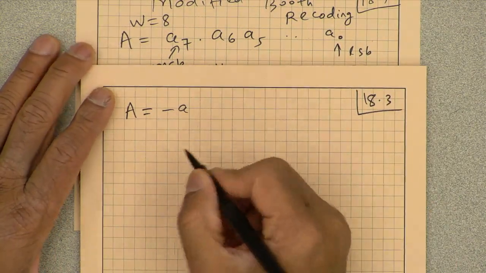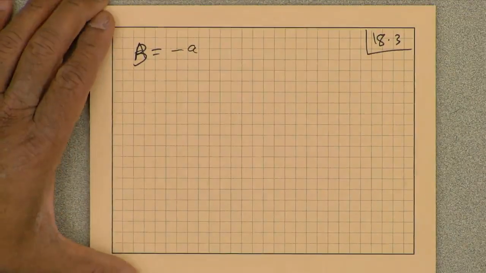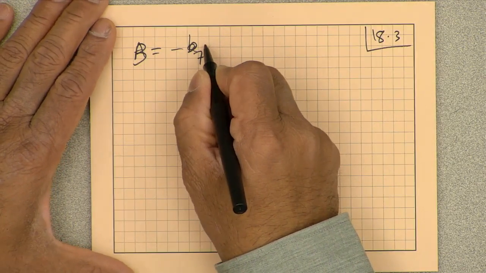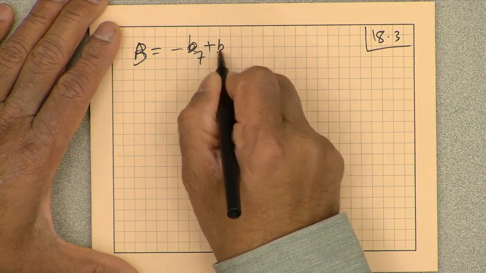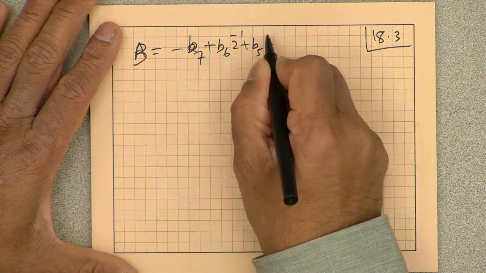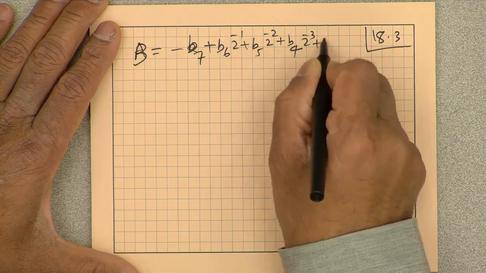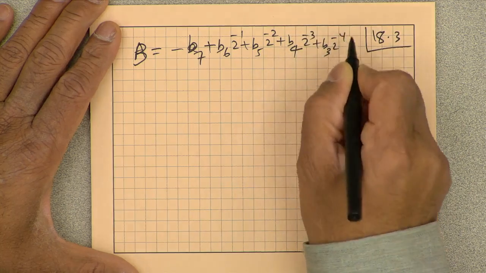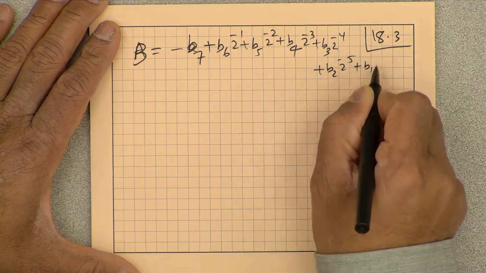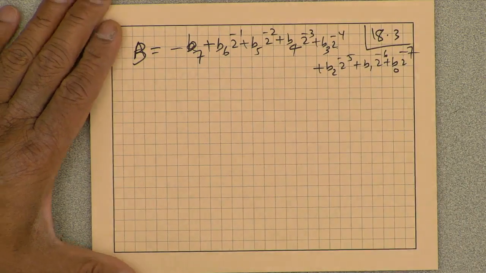So I could take B. B is minus B7 plus B6 times 2 to the power minus 1 plus B5 times 2 to the power minus 2 plus B4 times 2 to the power minus 3 plus B3 plus B2 plus B1 plus B0. That's the value of B.